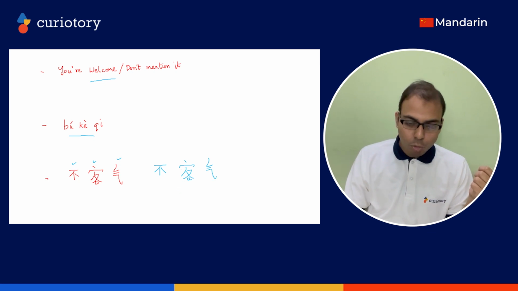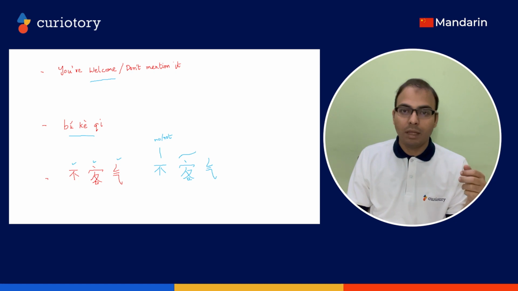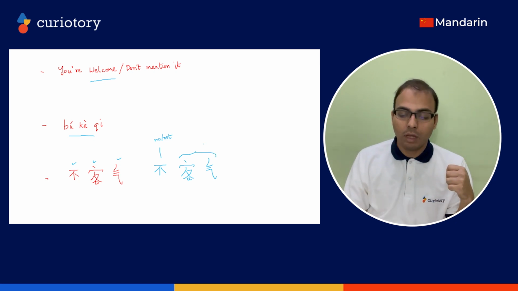By the way, pu means, as I already told you, no or not. And khe chi combined means to be courteous.